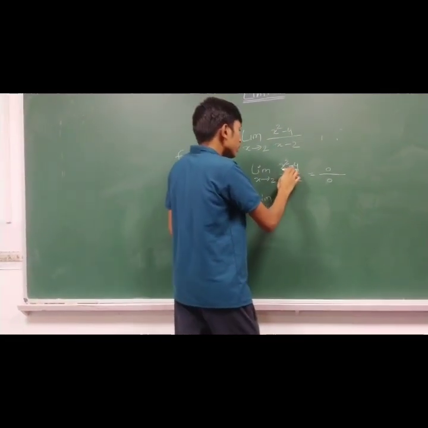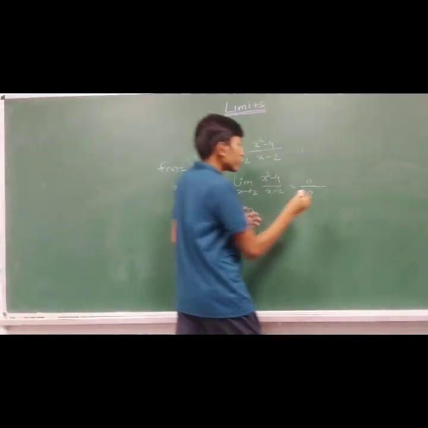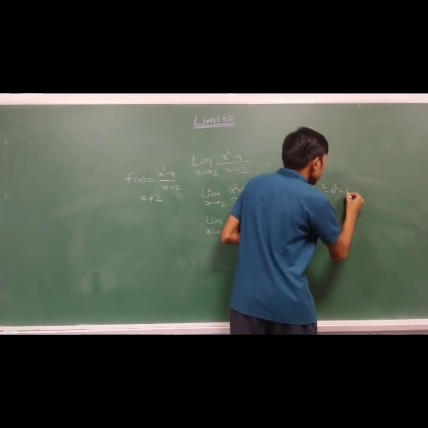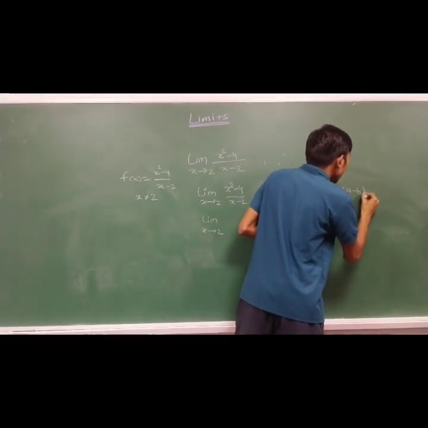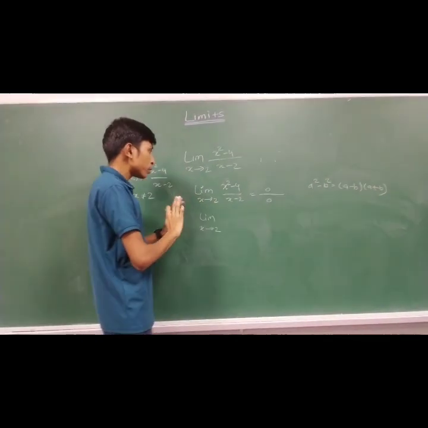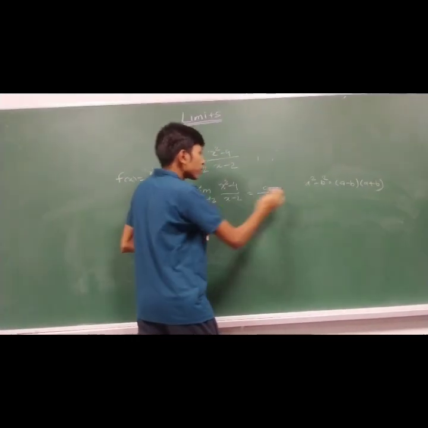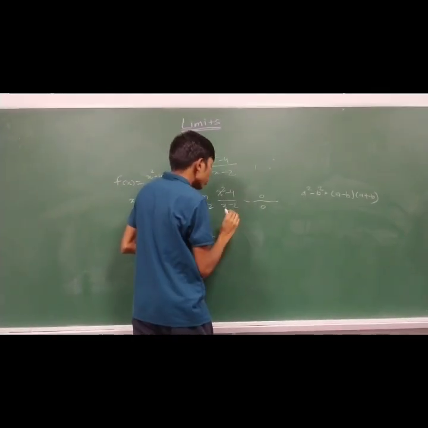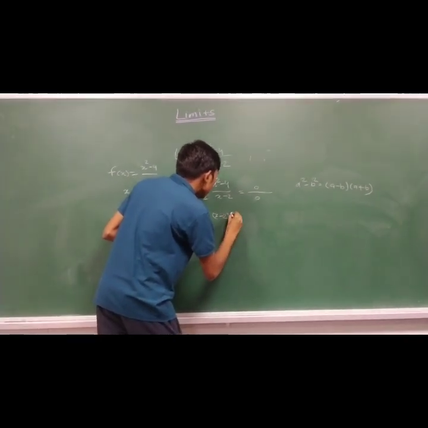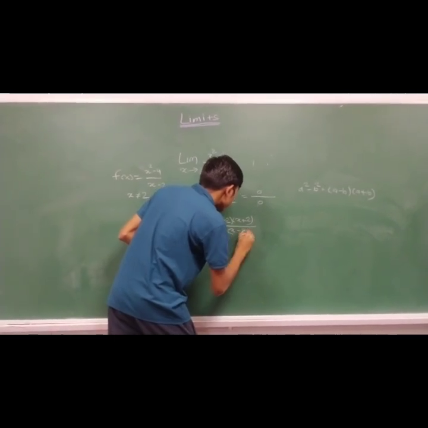Because x square minus 4 is the same as x square minus 2 square, and we know the formula a square minus b square is equal to (a minus b)(a plus b). So using this formula I am going to manipulate this function. Here x is a and b is 2. Then (x minus 2)(x plus 2) divided by (x minus 2).